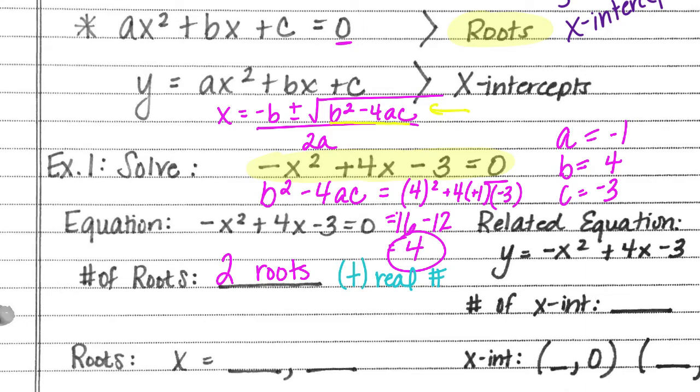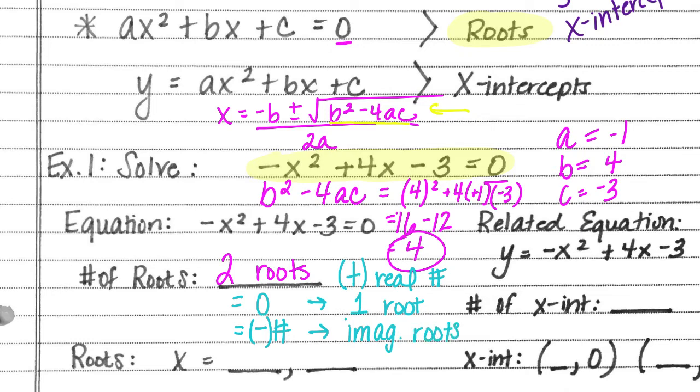Now, if this is equal to 0, remember there will only be 1 root, and we'll look at that in a minute. And if it ends up being a negative number, we know that they are going to be what we call imaginary roots. Now, we don't need to worry about imaginary roots in Algebra 1. We will worry about that in Algebra 2.